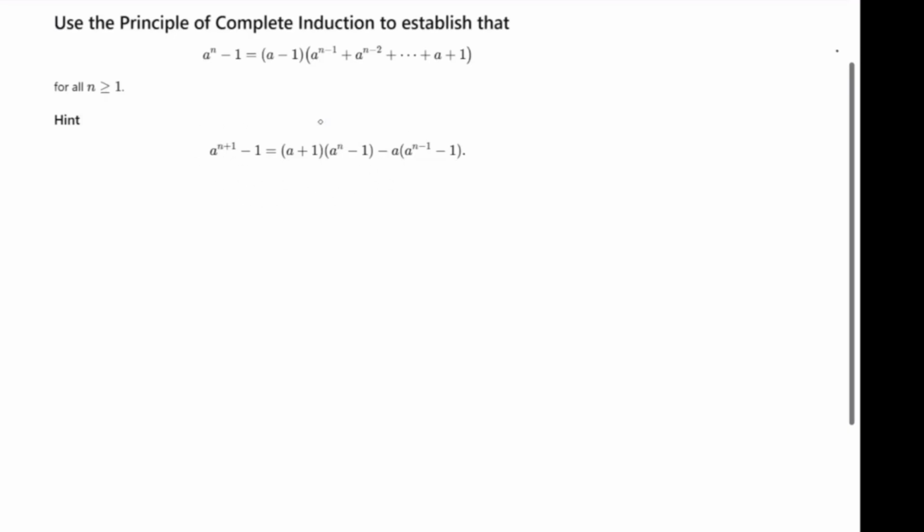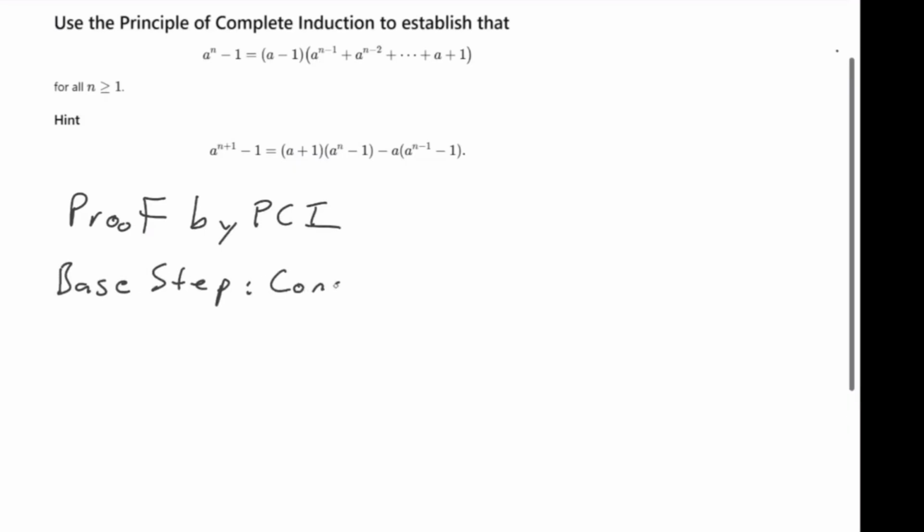This is easily verifiable. So we're going to do proof by PCI, principle of complete induction. Our base step, consider P of 1. So that's going to be a to the 1 minus 1, which is just a minus 1 on the left-hand side.